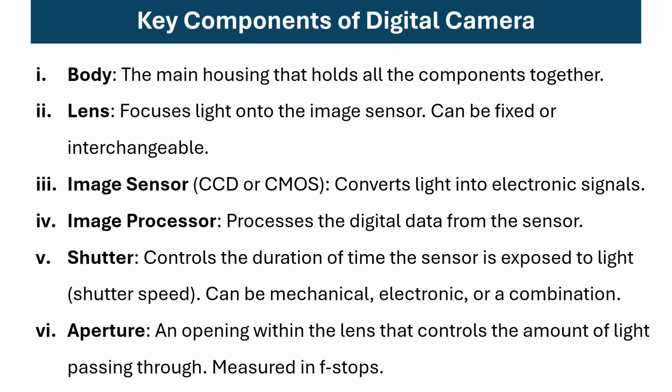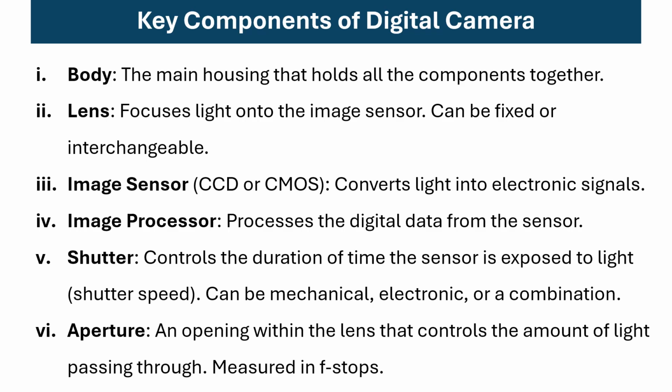We have the shutter. The shutter controls the duration of time the sensor is exposed to light. That duration of time is what gives birth to shutter speed: the speed of the shutter, the time it takes for the camera to open to allow light to enter the camera.